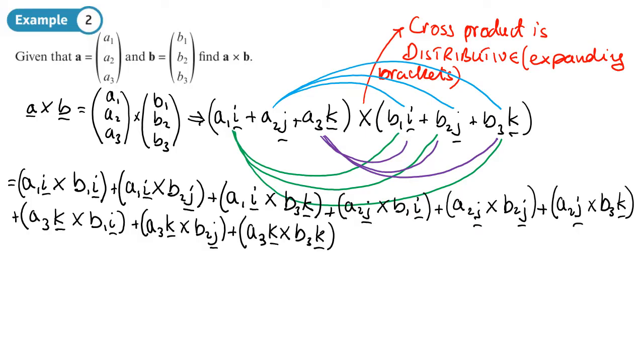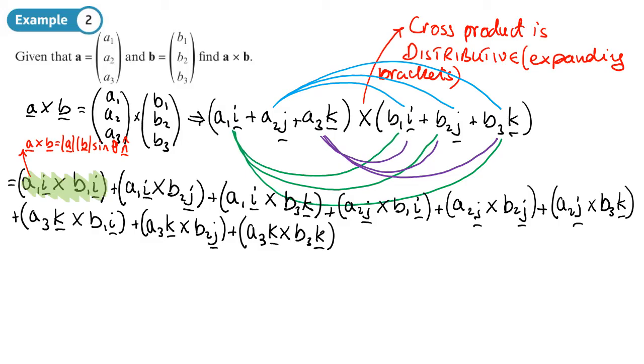Okay, so this is what we're going to get when we actually distribute this set of cross products. And for each bracket, so if I take that bracket for example, we're going to use our definition of the cross product to work it out. The cross product was that a cross b is equal to the length of a times the length of b times the sine of the angle between them times this normal vector which is perpendicular to them both.